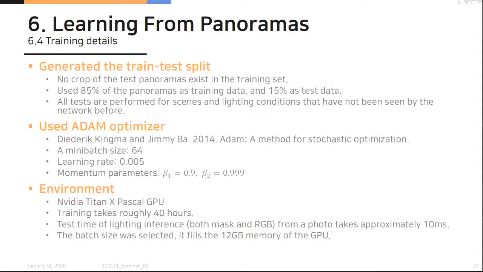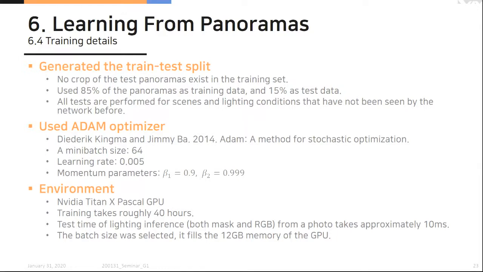This is the detail about the training. First, they generated the train-test split, which means no crop of the test panoramas exists in the training set, and they used 85% of the panoramas as training data and 15% as test data. All tests are performed for scenes and lighting conditions that have not been seen by the network before.